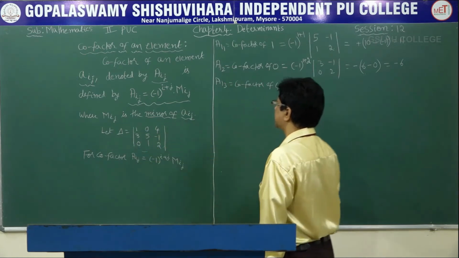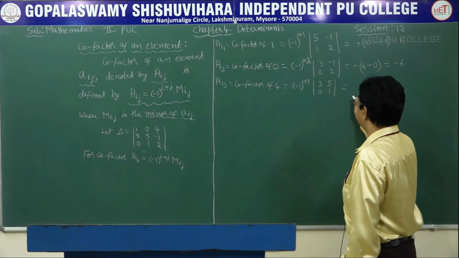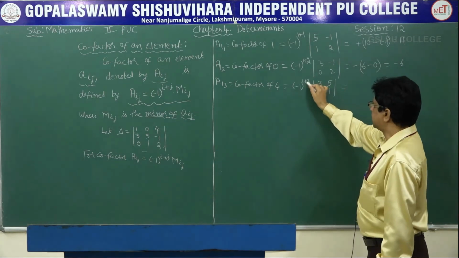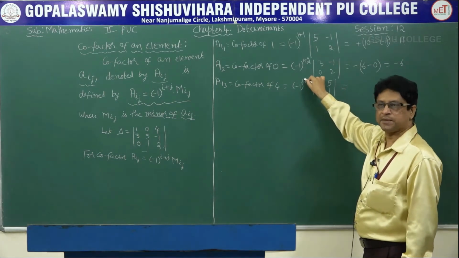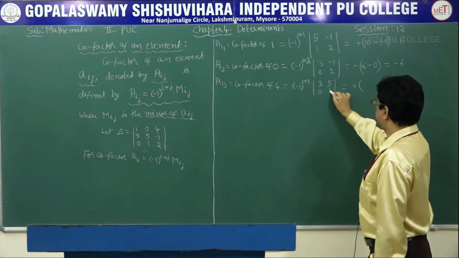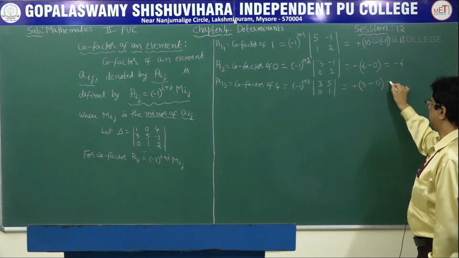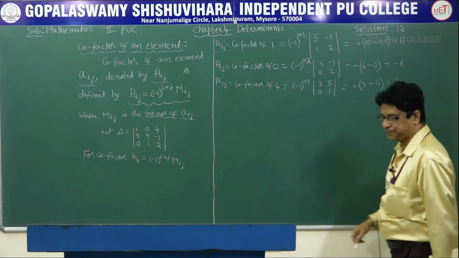That is [3, 5; 0, 1], which will be equal to 1 plus 3 is 4, (-1) to the power of 4 is plus 1, into (3 ones are 3 minus 5 into 0, 0), which is equal to 3.